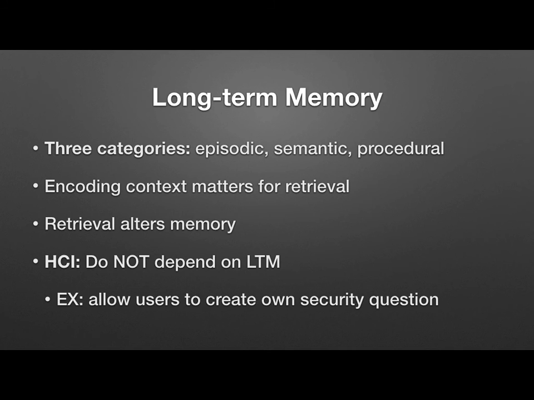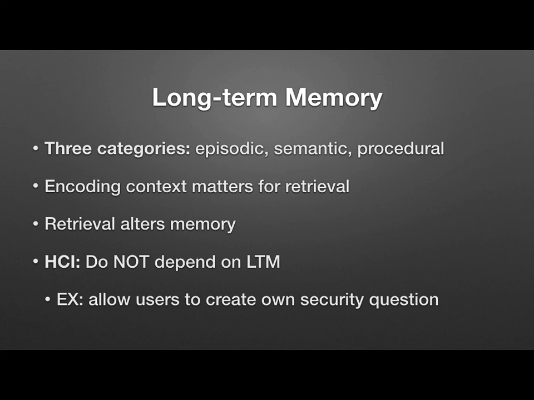This is what develops, I guess, when you're a child mostly, and you start to learn about the world and what objects are and what they do, just facts about the world that you're going to operate in. Episodic memory is where we find autobiographical memory, things that happen to you. So you can tell stories about an experience that you had, and you can put yourself back there, and you can relay that information out to the world.